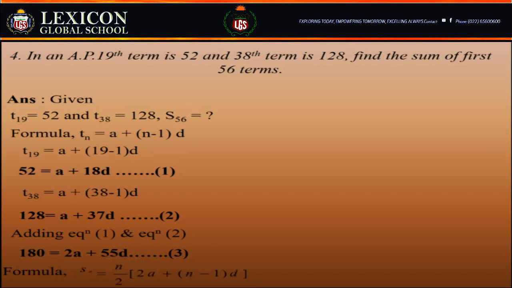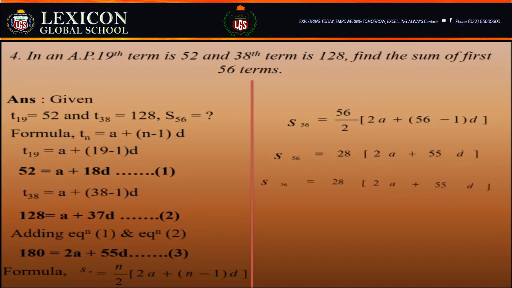Over here, we are going to write down the values whichever are given to us. Instead of Sn, we are going to write S56. So S56 is equal to 56 upon 2, 2a plus 56 minus 1 d. S56 is equal to 56 divided by 2, which is 28, into 2a plus 55d.